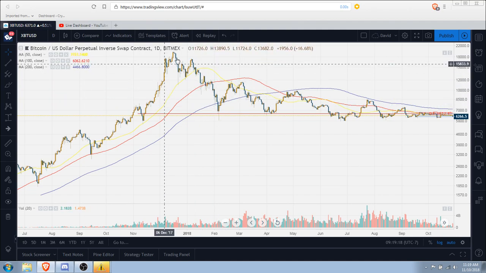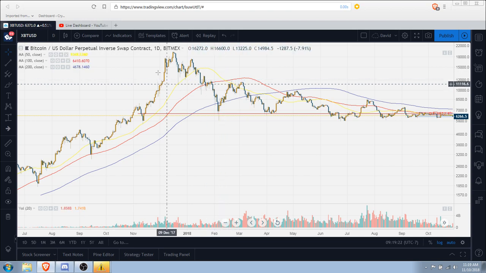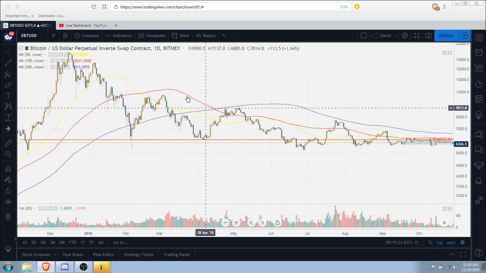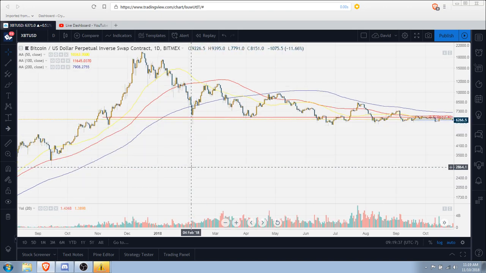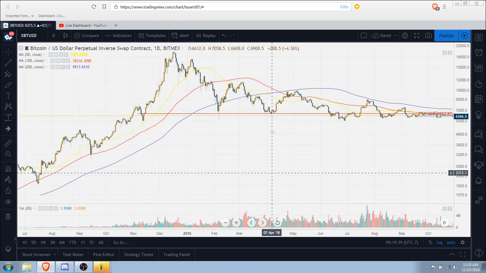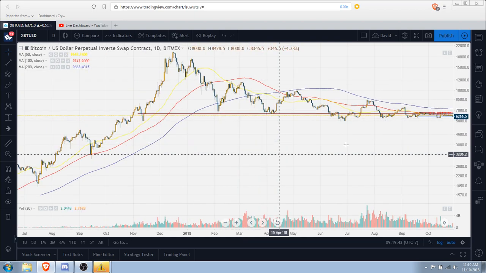Now, we would see the yellow cross the red not until like 12,000 after the peak, right? And the yellow doesn't cross the blue until about 9,300, or that's the price at which they cross. But the actual price of the asset at the time is all the way down to close to the bottom at 7,000 or so. So you're not so much looking for a cross as to tell you when to sell, per se.